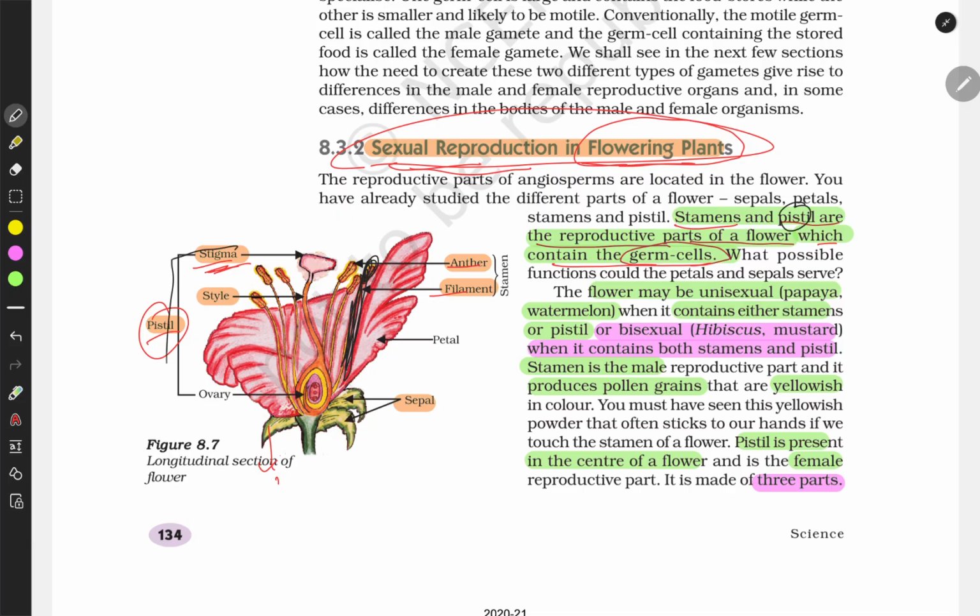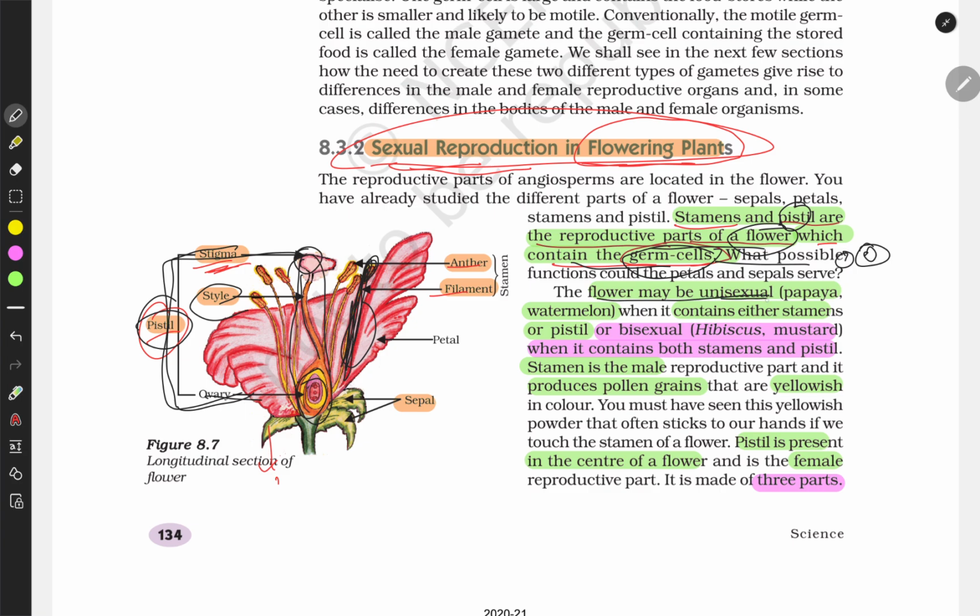What is this pistil? This is a pistil. It contains stigma, style, and ovary. So these two things are the reproductive parts of a flower which contain germ cells. Germ cells are those which, when fused together, germinate a new individual.